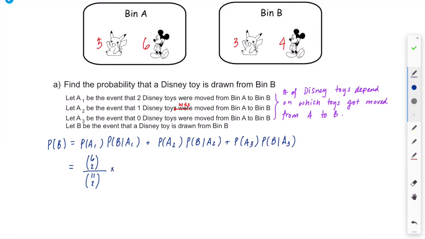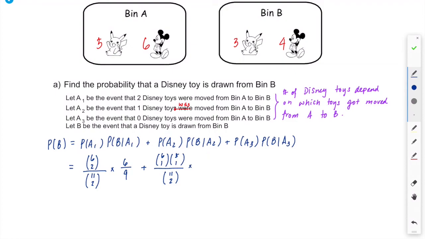Times the probability of B given A1, which is 6 over 9, because then you end up with 6 Disney toys, with the addition of 2 in bin B, out of the 9 toys you now have. Plus, if you end up moving 1 Disney toy, so 6 choose 1, and the other must come from the Pokemon, so 5 choose 1, over 11 choose 2.